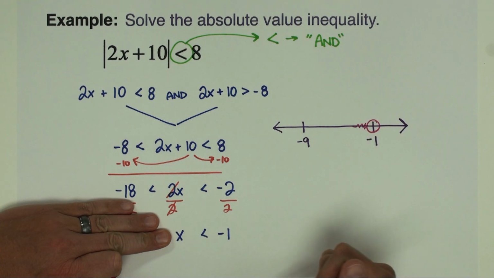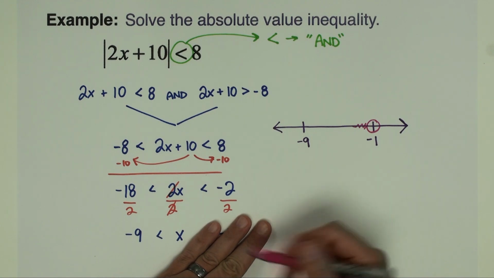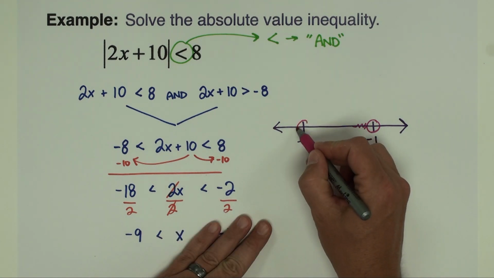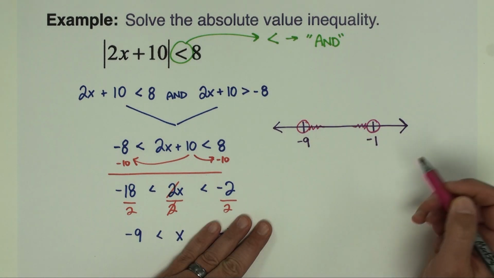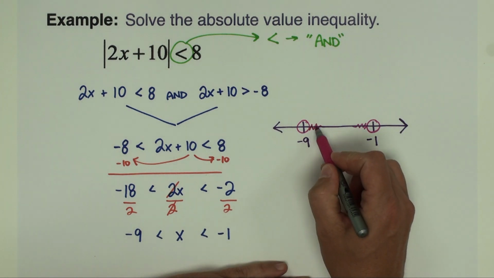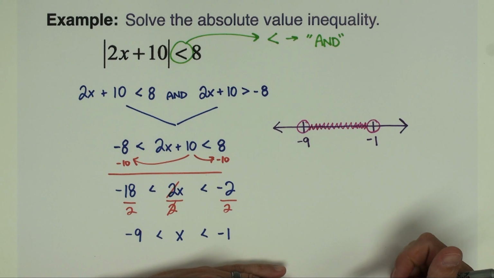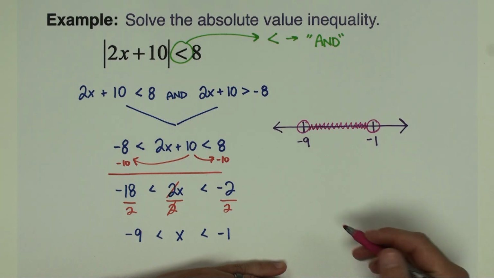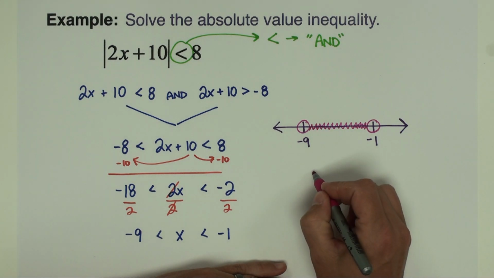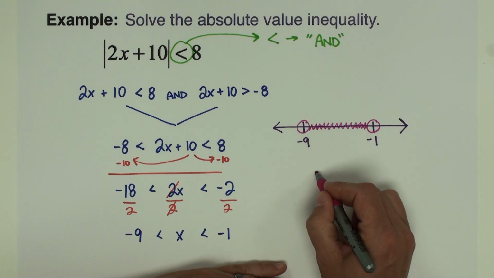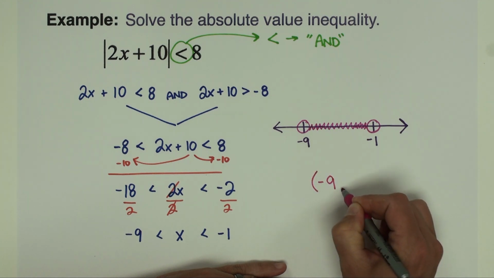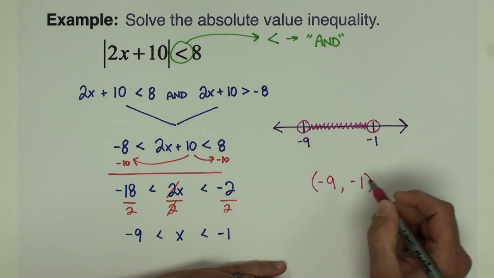That goes that direction. And we want all the x values that are greater than -9. That goes that direction. So essentially we want all the numbers here, the overlap, all the numbers between -9 and -1. So our solution, non-inclusive of the endpoints, is (-9, -1).